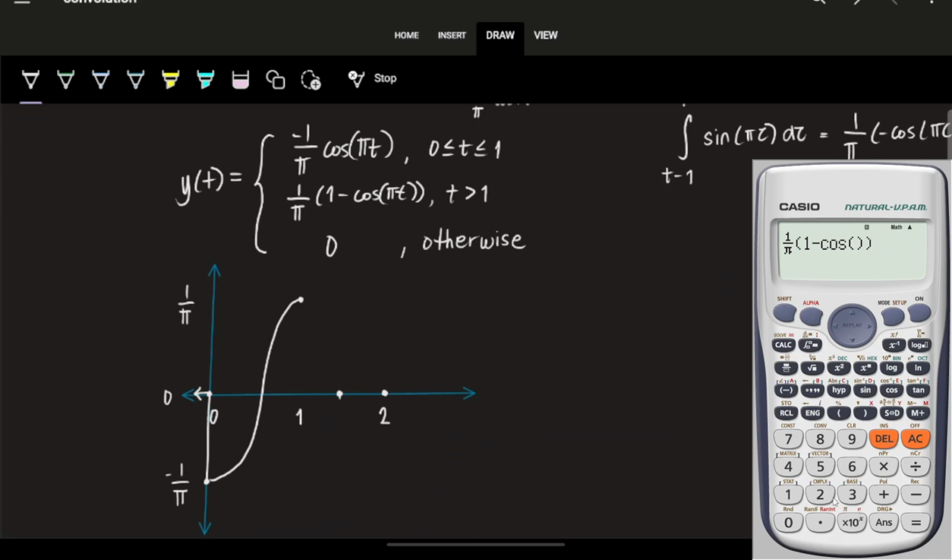Then 3 pi over 2. So radian na tayo, no? Let's try to calculate 2. So that's 0, tama?